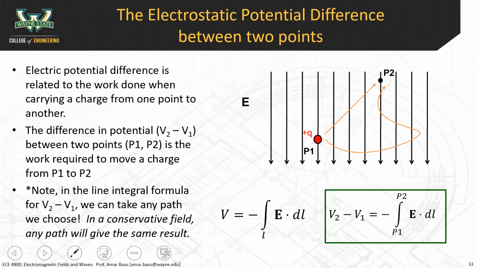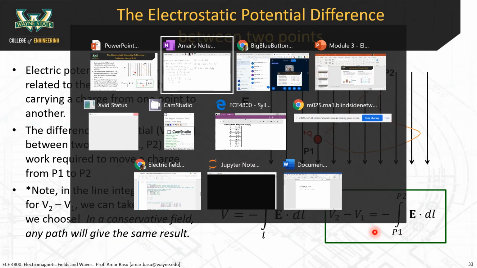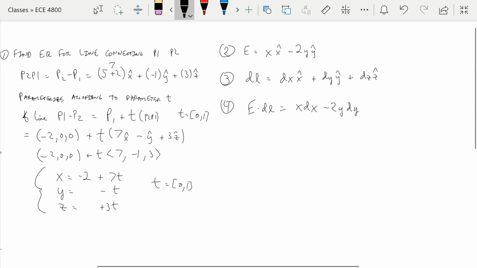So we have V2 minus V1 is equal to the integral from P1 to P2 of E dot dl. So let's write that down. We're going to jump ahead, but we're leaving a space there. V2 minus V1 equals the negative integral from P1 to P2 of E dot dl.